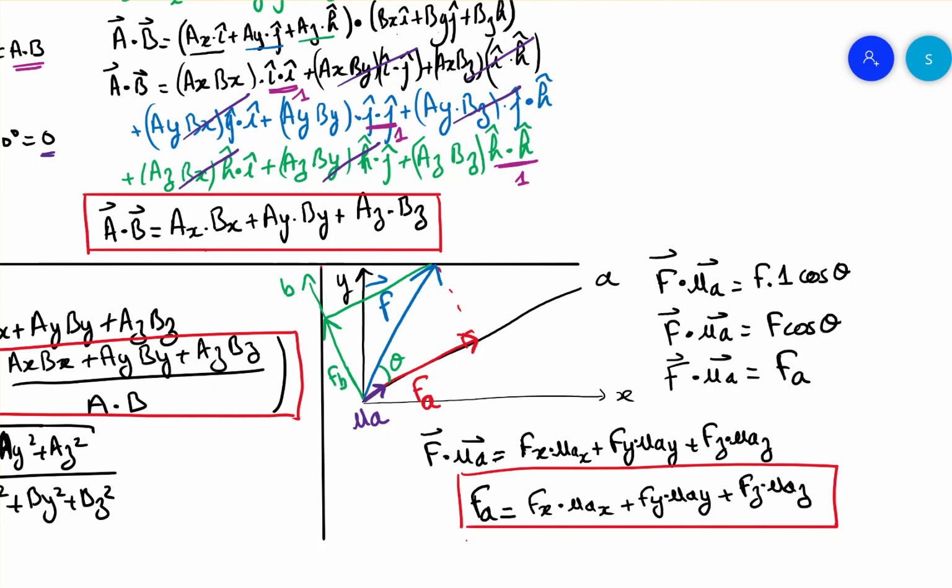You will see on your lecture also, this one is called F parallel, and this one is F perpendicular to the axis. Okay, how do we find FB?